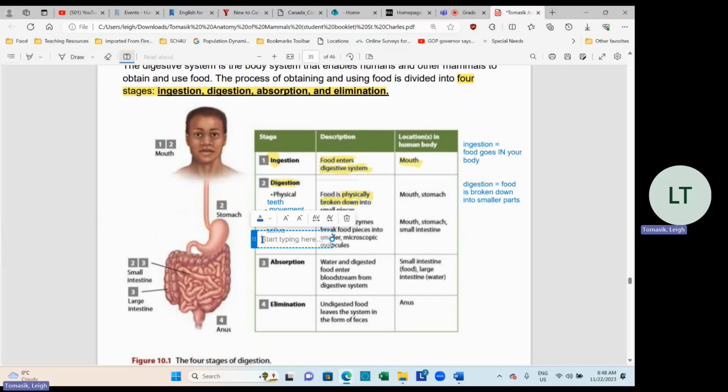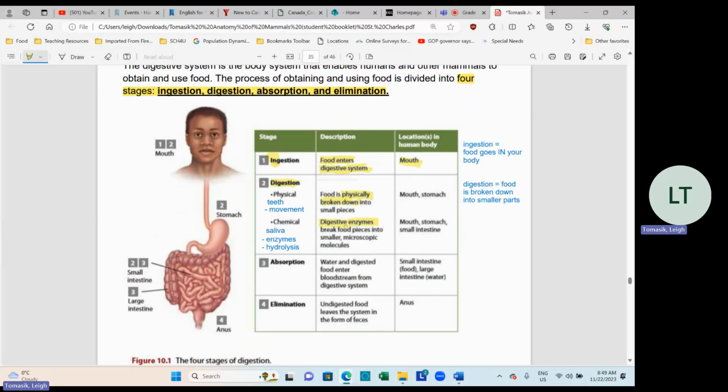And when we break things down chemically, it's usually via enzymes and hydrolysis. Remember hydrolysis when we broke up a big chain of glucoses, right? That would be a form of chemical digestion. Okay, so digestive enzymes break down because digestive enzymes are chemicals, they're proteins, proteins are chemicals.